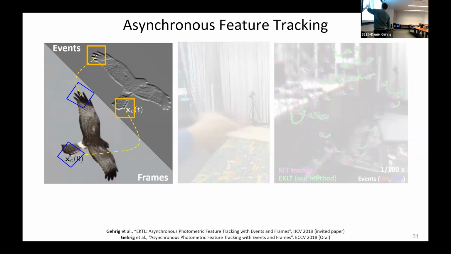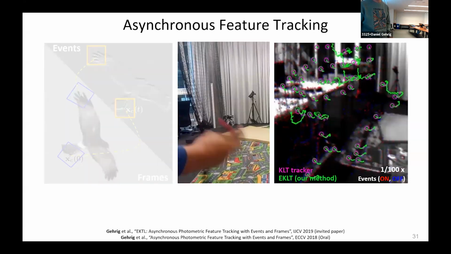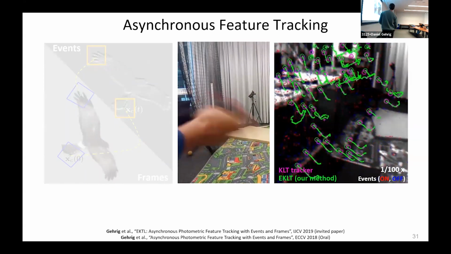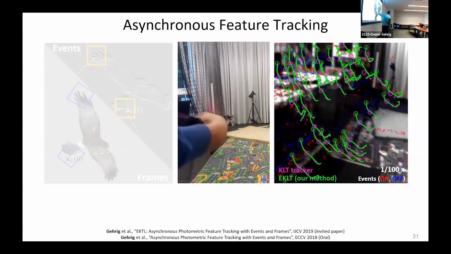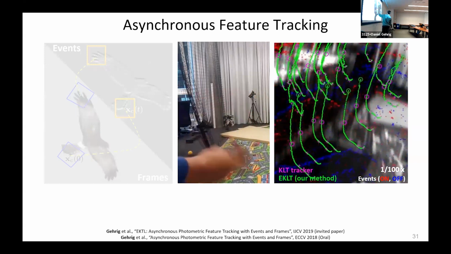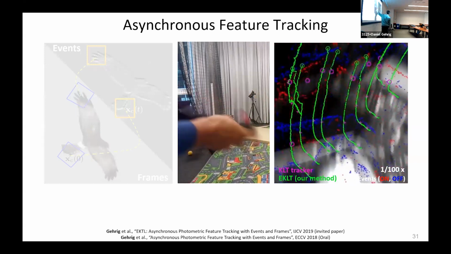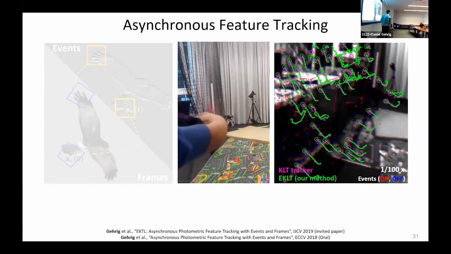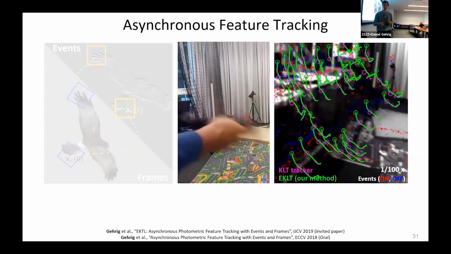So again, we have an invariant representation here, and then we are tracking the representation using the events that follow. Using this paradigm, we can track features at very high speed and in very high temporal resolution, whereas the frame-based method, shown with magenta points, loses the track because you have quite large displacement and also significant motion blur.